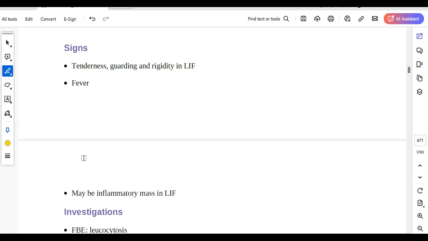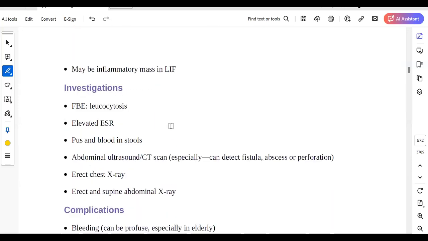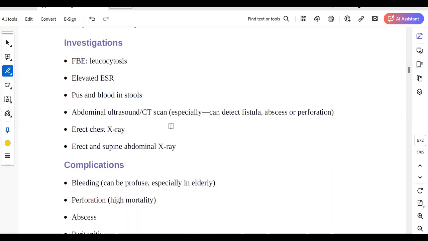How to examine this patient? When you examine this patient, you will get guarding and rigidity in the left iliac fossa. Once you know that this is most likely diverticulitis, you will investigate the patient. First, you do a blood test. The blood test will show leukocytosis, elevated ESR, CRP, and your best investigation is a CT scan.